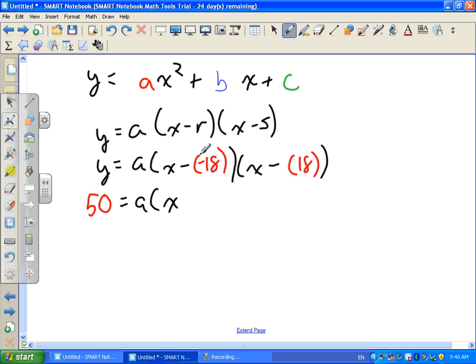X. Now this is going to become a plus 18. This is going to become x minus 18. So I replace my y. What will I replace my x values with? 0. That's right. Our vertex was at 0 and 50, so I can replace my x values with 0.